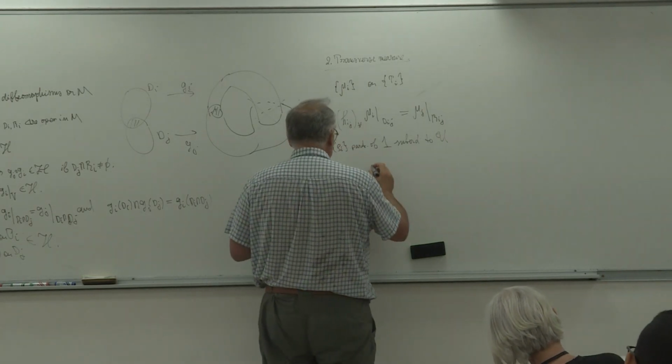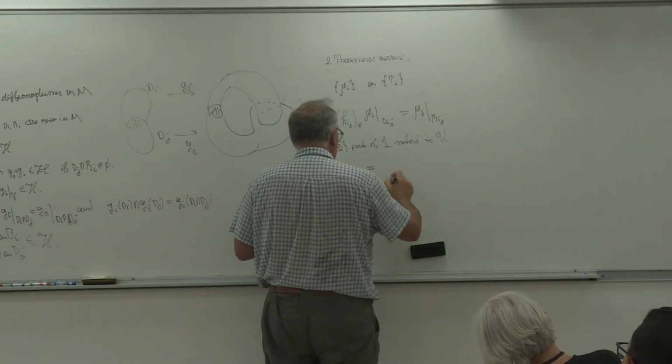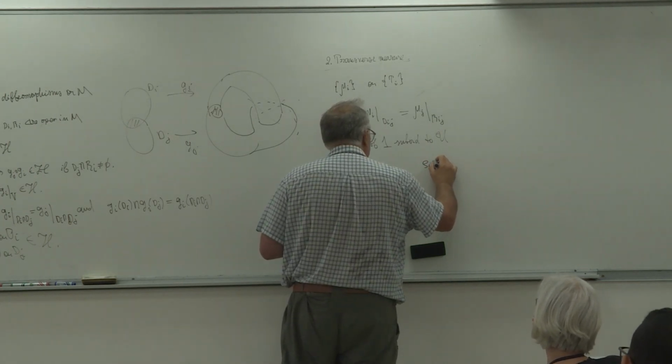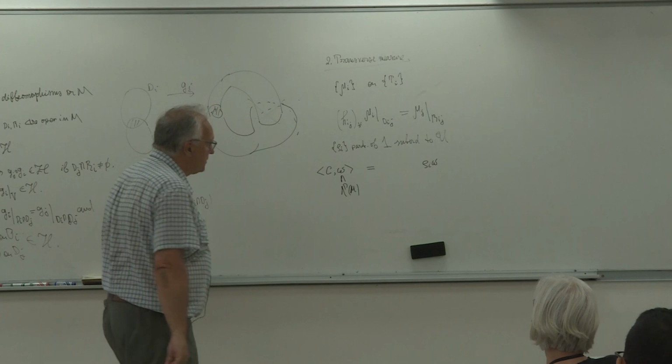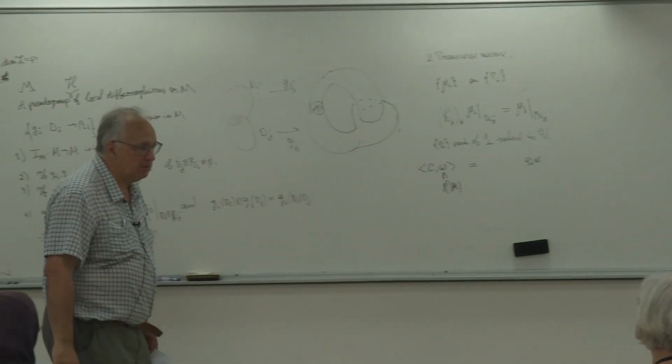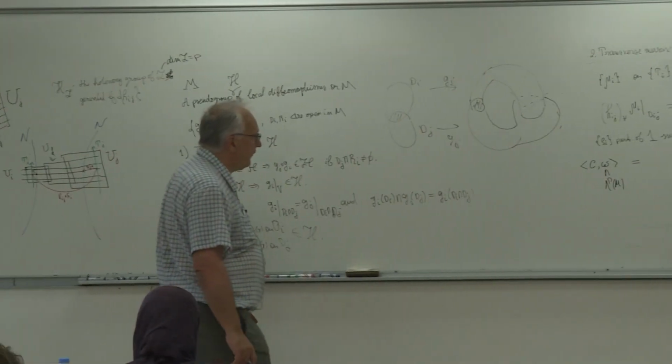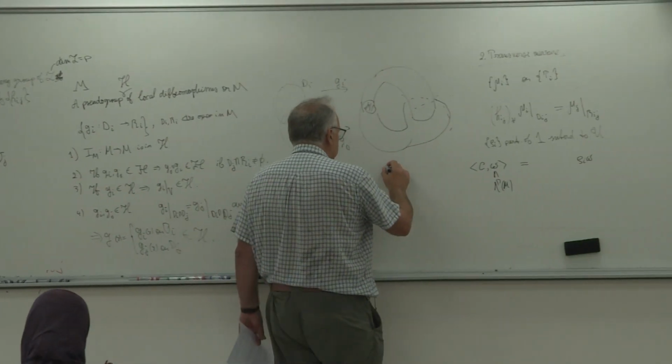And we do the following thing. We take rho I omega. This is a form with compact support in UI. Okay, this is UI.